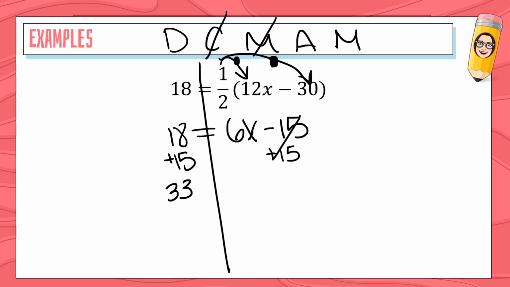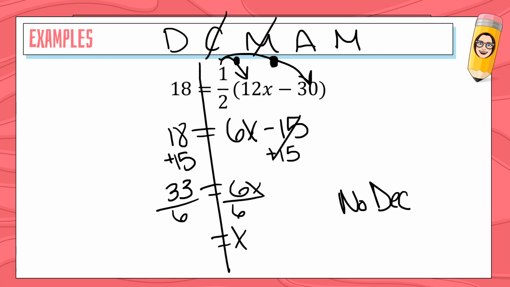That gets us to, is that right? 33? Okay. And lastly, undo any multiplication or division. If I divide by 6, wait a second. Does 33 divide by 6? It doesn't. Now, here's what I don't want. I don't want a decimal here, you guys. No decimals, right?